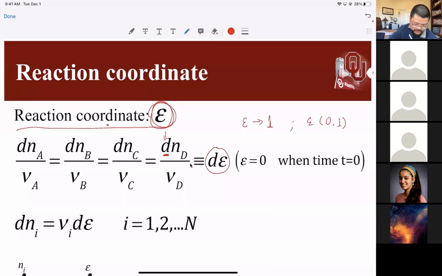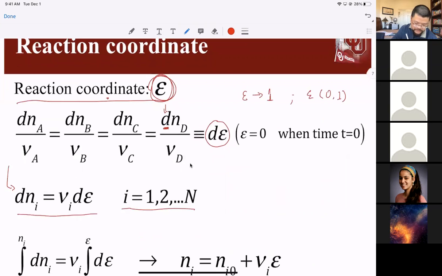So if you move to the next equation, we are going to describe any reactants and products as a function of this d epsilon. Here dn_i, the change of component i, is expressed by the corresponding stoichiometry number nu_i multiplied by this reaction coordinate change d epsilon. Right? So this is the first equation.